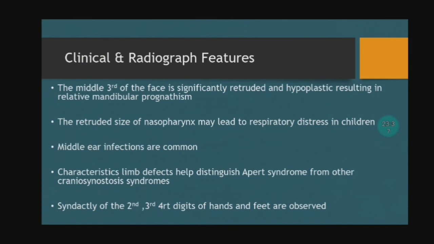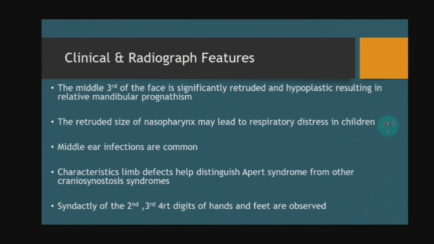The middle third of the face is significantly retruded and hypoplastic, resulting in relative mandibular prognathism. The retruded size of the nasopharynx may lead to respiratory distress in children. Middle ear infections are common.